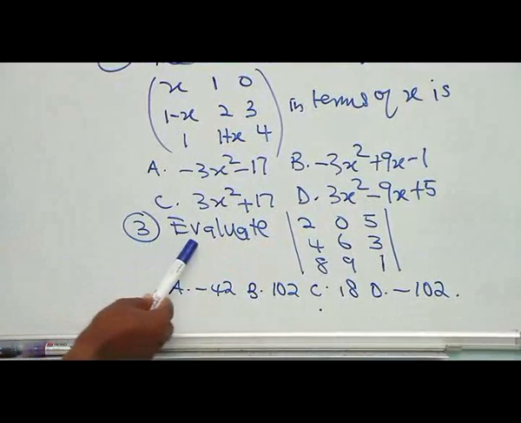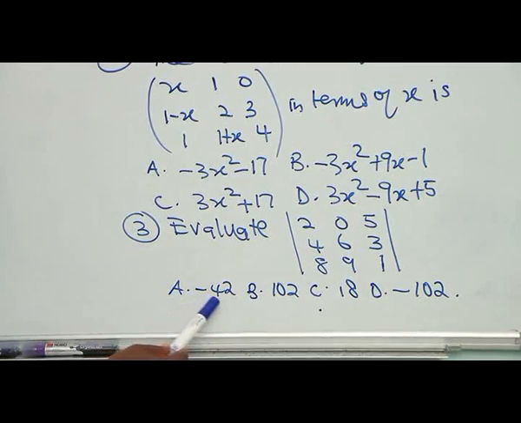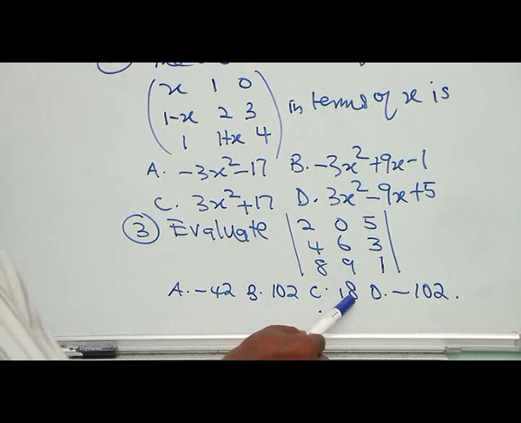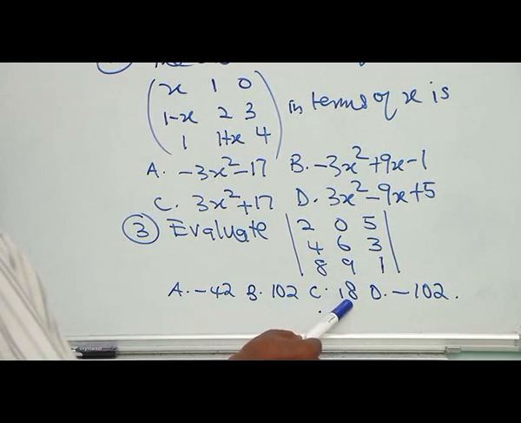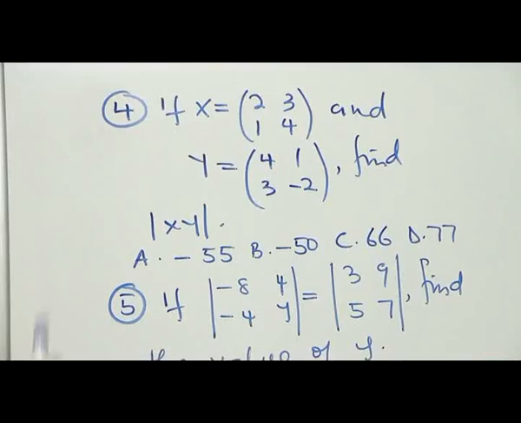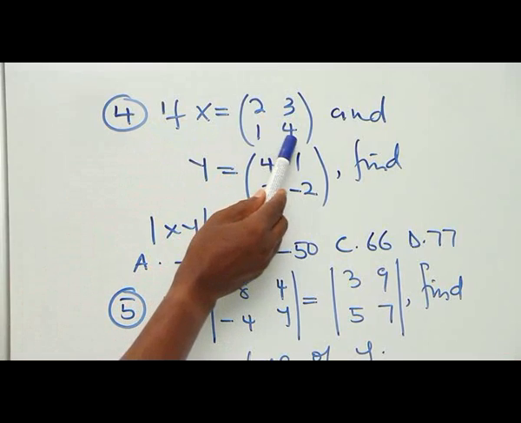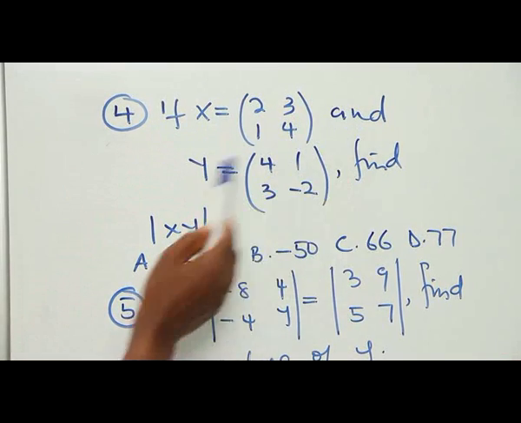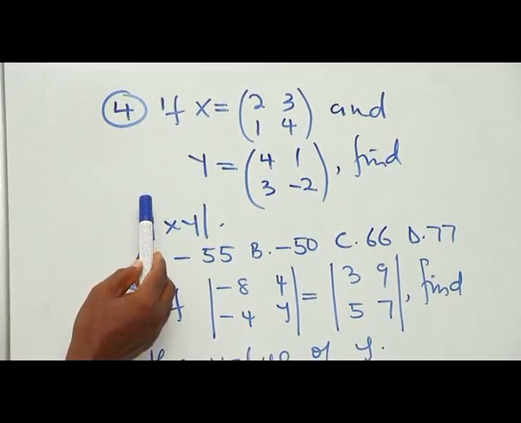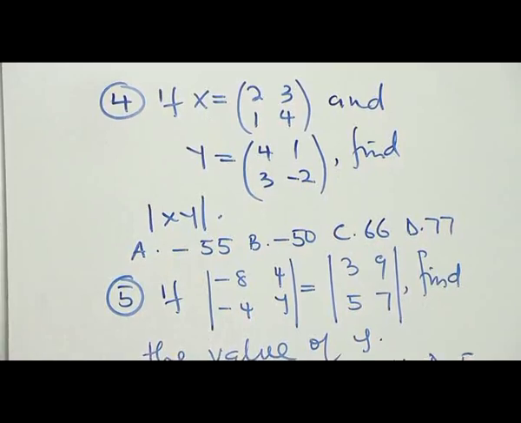Question number 3, evaluate this determinant. The result, A, minus 42, B, 102, C, 18, D, minus 102. Question number 4, if S is equal to this matrix, 2, 3, 1, 4, and Y is equal to this matrix, find the value of the determinant of SY.